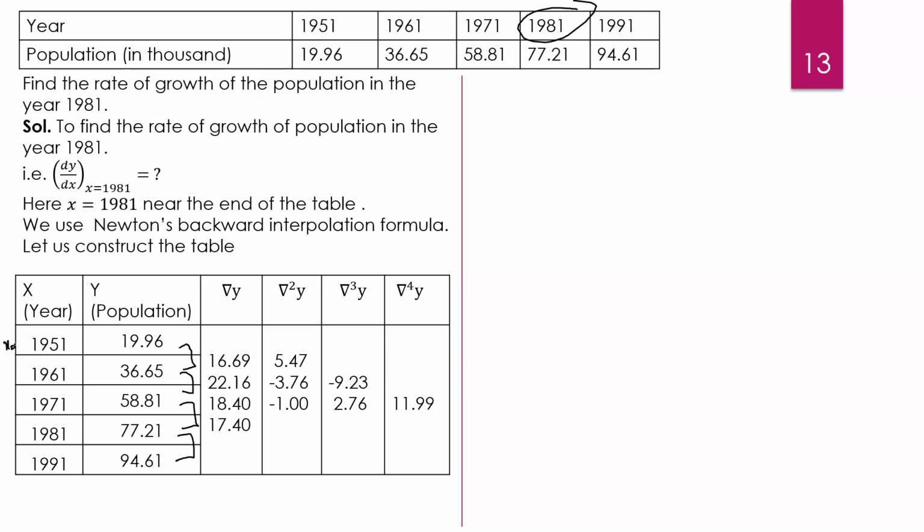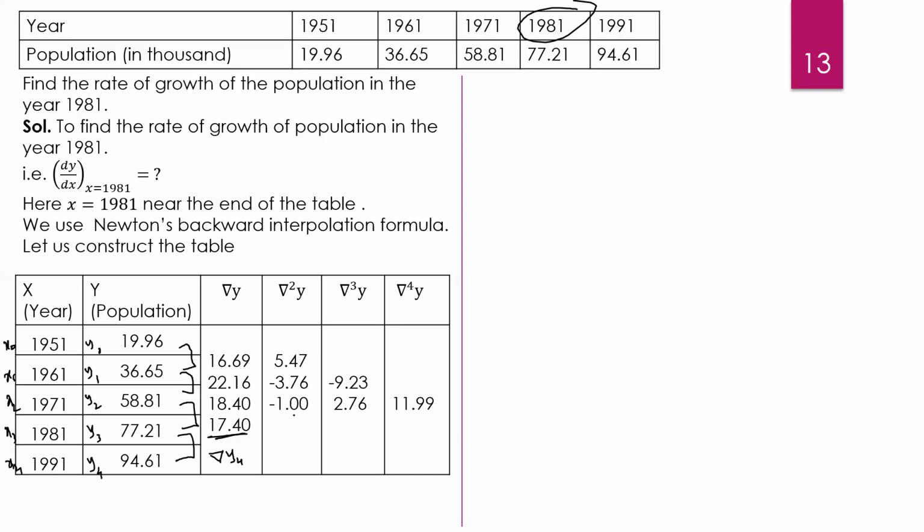The first value is x0, then x1, x2, x3, and the last one is x4, with corresponding values y0, y1, y2, y3, y4. The first value is del of y4, then its previous ones are del of y3, del of y2, del of y1.